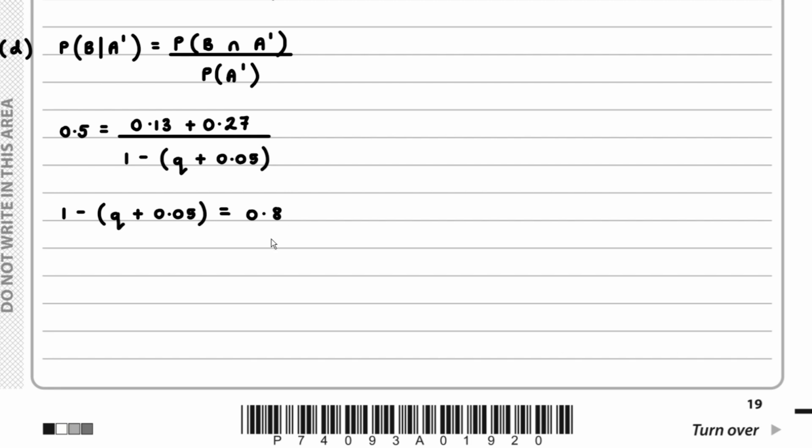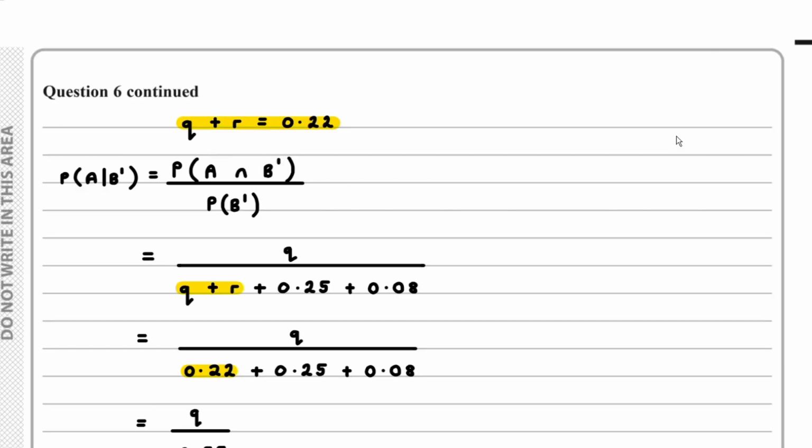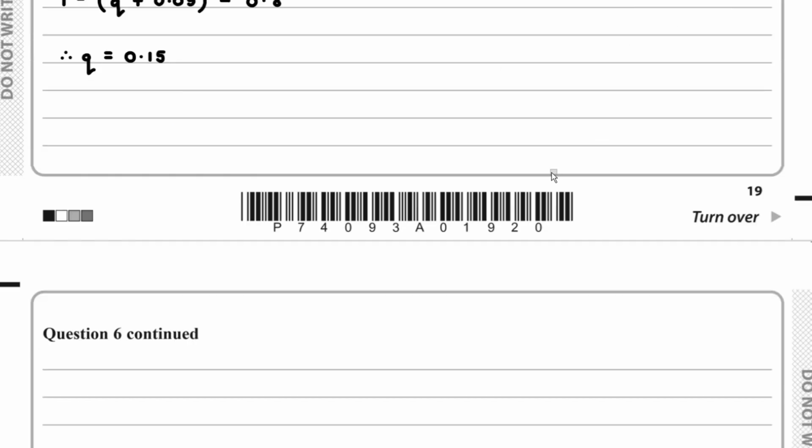And if I solve for Q, we can see that Q is equal to 0.15. But we know Q plus R is equal to 0.22. So we've got 0.15 plus R equals 0.22, meaning R is equal to 0.07.